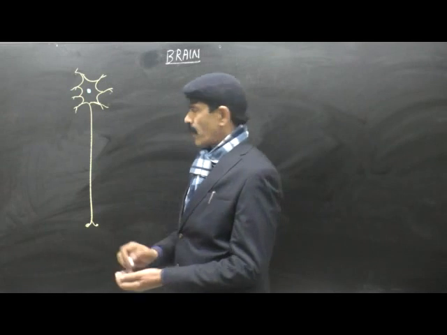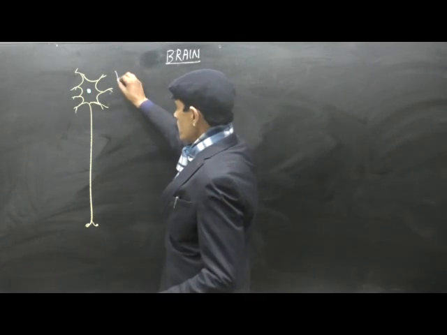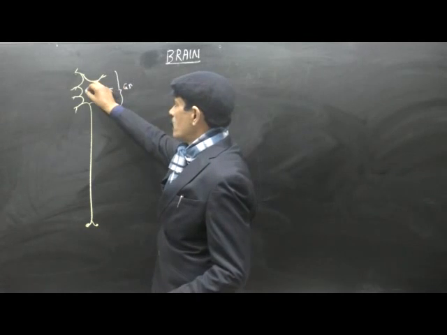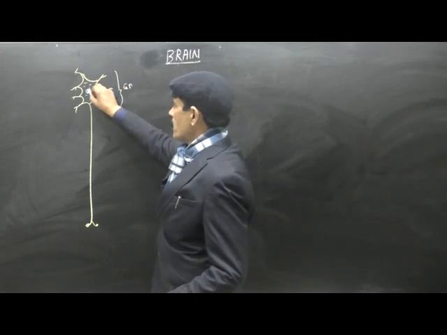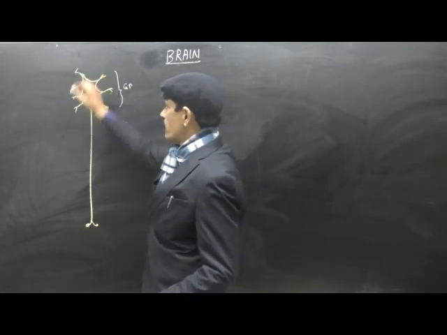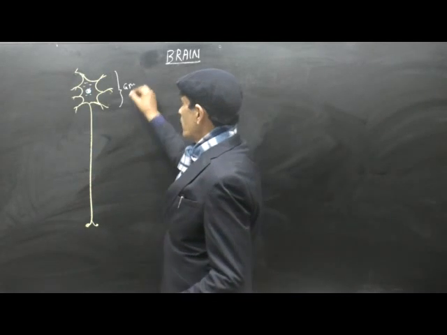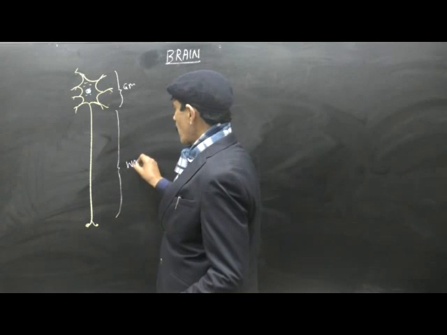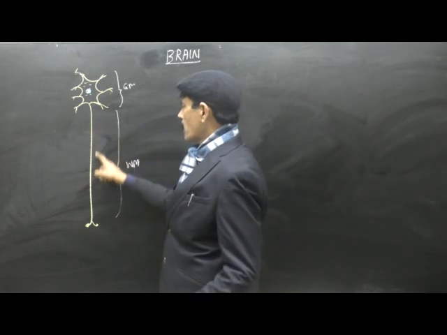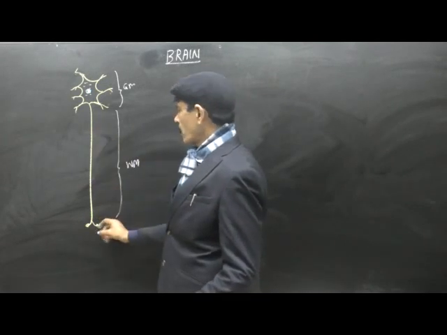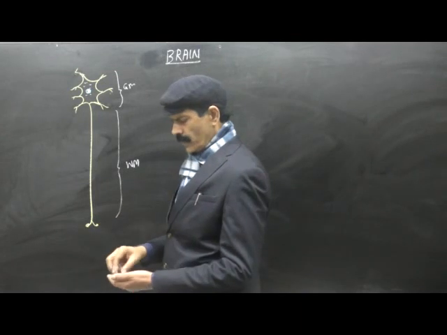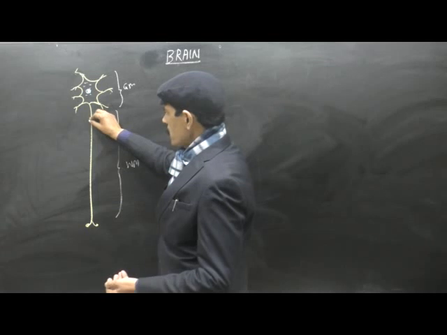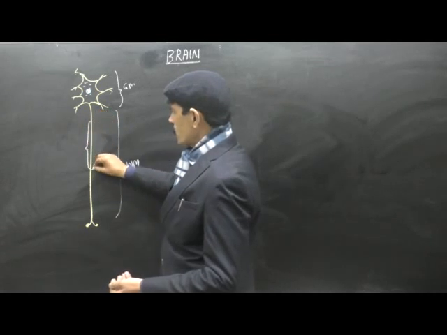If I say grey matter, I am talking about the cell body with the nucleus, the cytoplasm and the dendrites. If I say white matter, I am talking about the axon or the nerve fiber with the nerve axon terminal, which may or may not be covered by the myelin sheath.